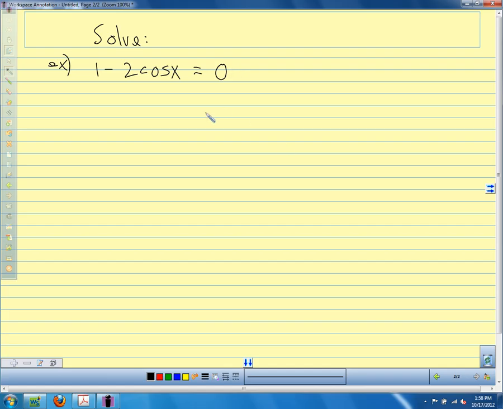So I'm going to add 2 cosine x to both sides. So 2 cosine x equals 1. I just added 2 cosine x to both sides, turned my equation around. Divide by 2. So cosine x equals 1/2.